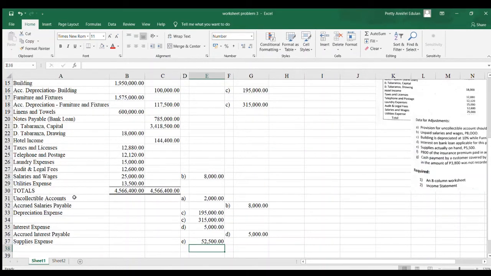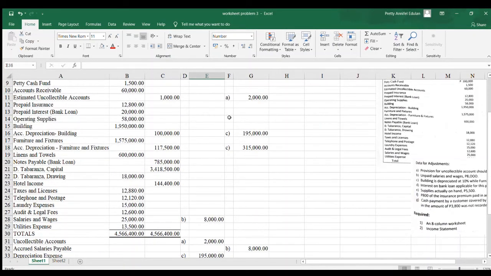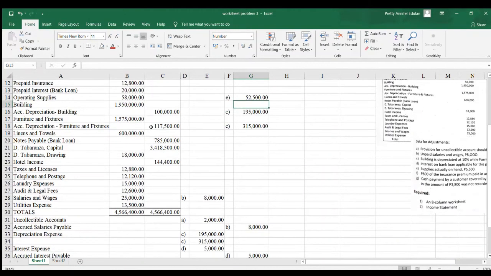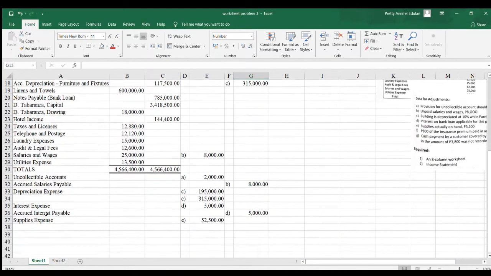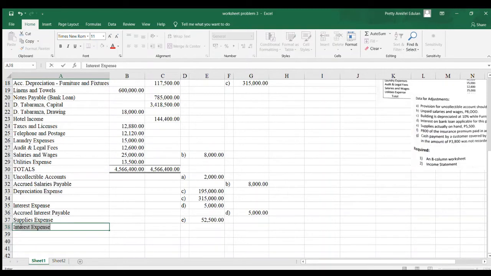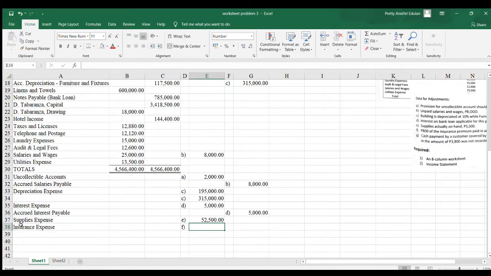The supplies expense, 52,500. Operating supplies, 52,500. Insurance expense, we don't have insurance, $800.